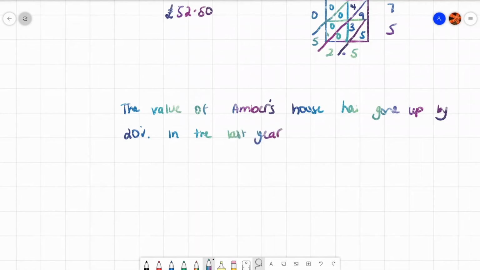If the house was worth £150,000, what is it worth now?